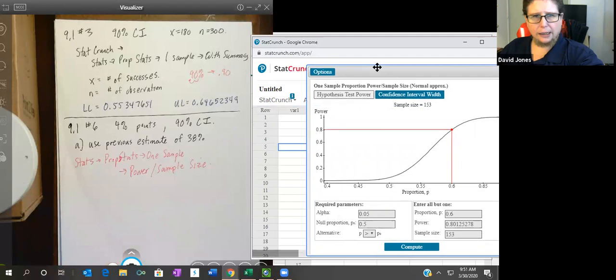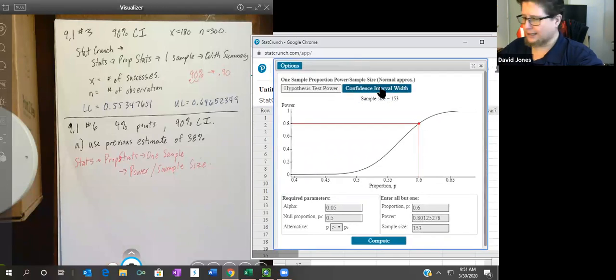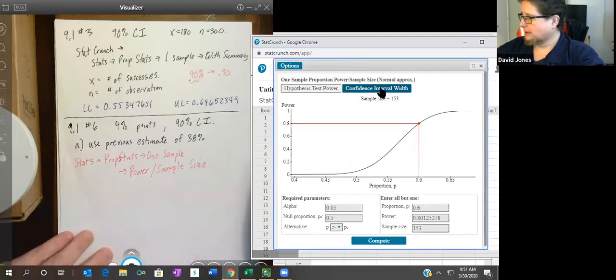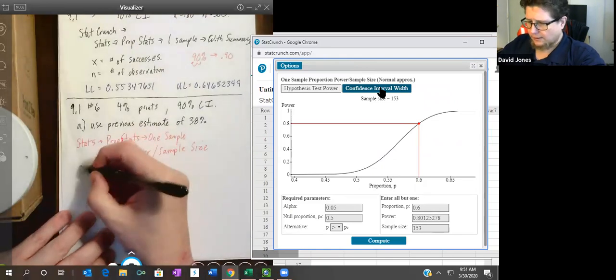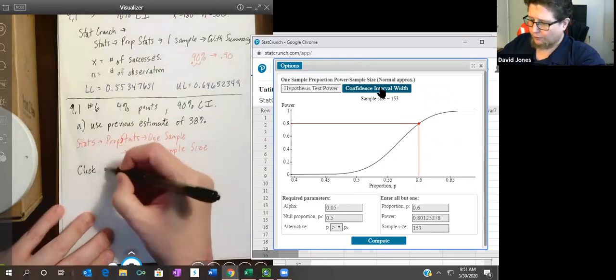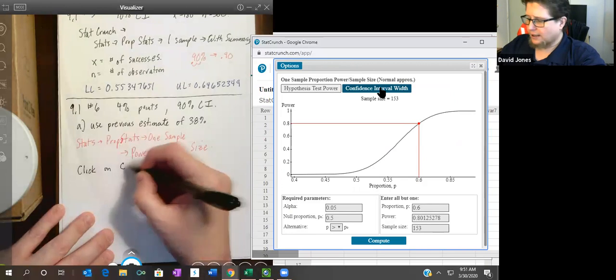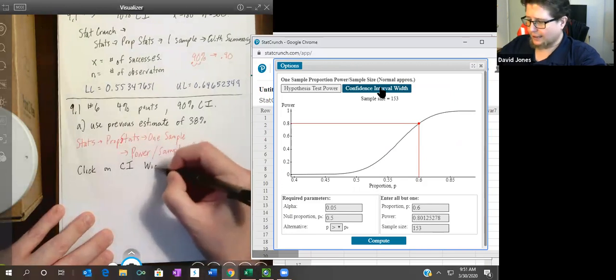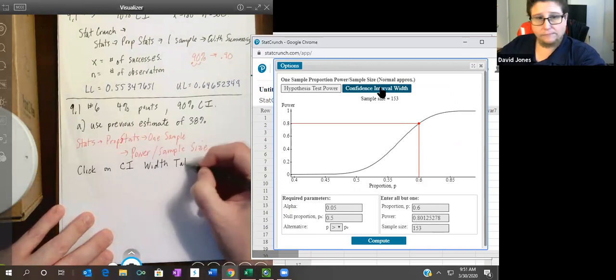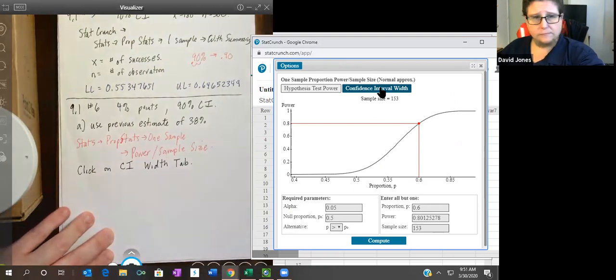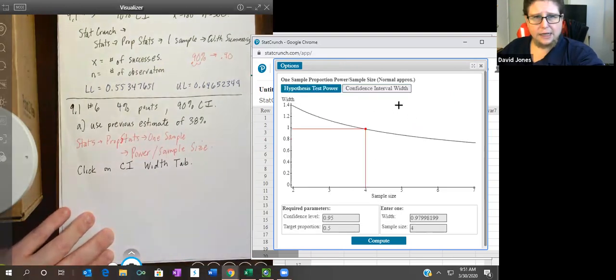You want to click on the confidence interval width tab if it's not selected, because that's what we're looking for. We're looking at confidence interval right now. Click on confidence interval width tab. And it wasn't selected.